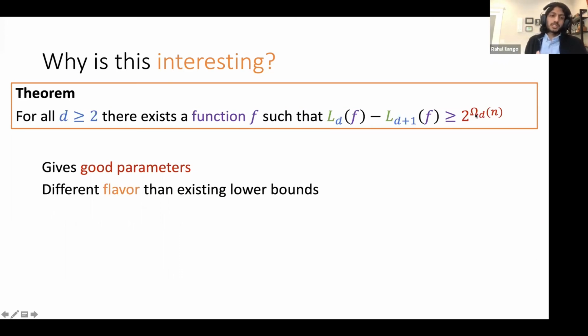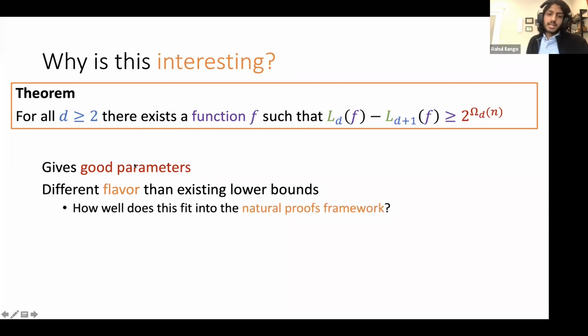But I think what's more interesting about this lower bound is that I want to come back to the thing that I mentioned previously about different flavors of lower bounds. So this lower bound came about by trying to prove a hardness result for MCSP. And one question you could ask is how well does this lower bound fit into, say, the natural proofs barrier against proving circuit lower bounds?